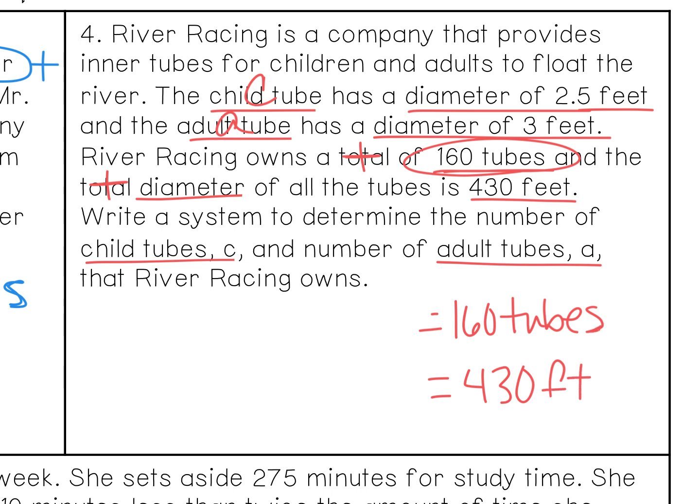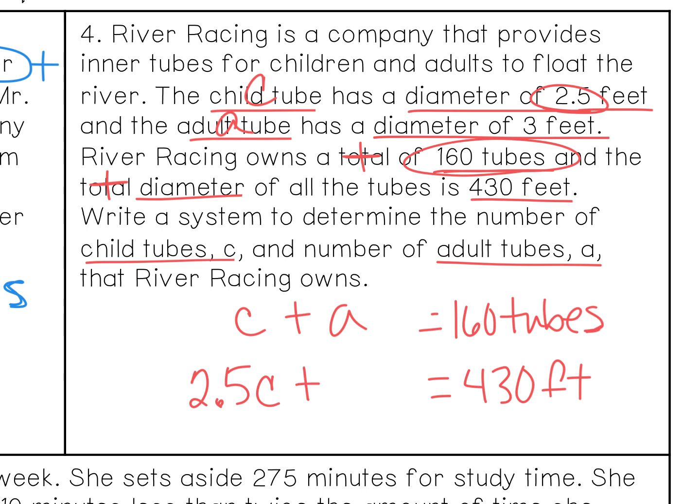So tubes, we have two types of tubes. We have child tubes and adult tubes. Maybe they have 100 adult tubes and 60 child tubes. If we put those together, it's a total of 160 tubes. But then with this diameter, right, 2.5 is going to be multiplied. 2.5 for each child tube. Each is a multiply word.